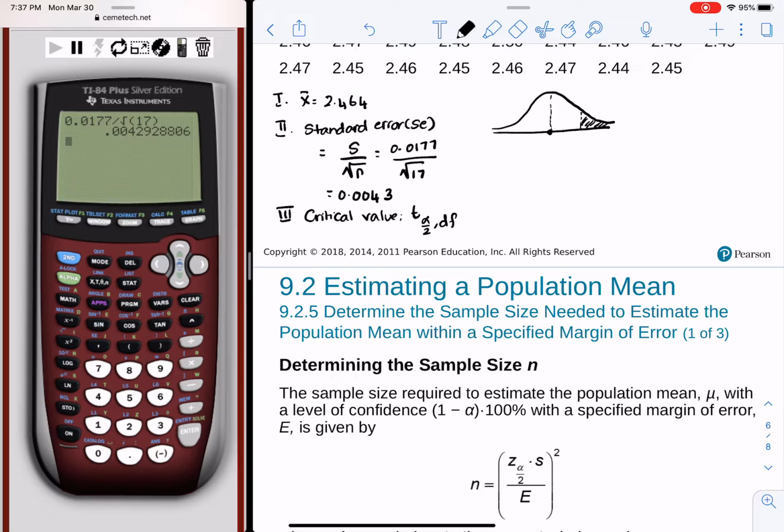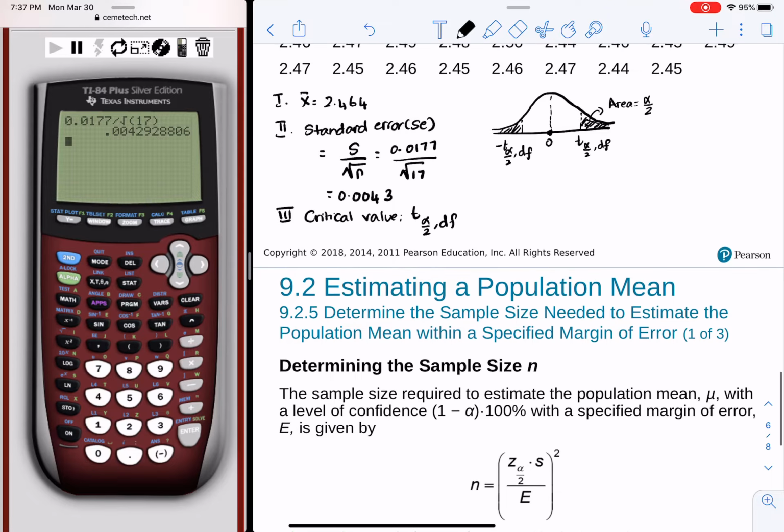The area above the t-value here is alpha over 2. In a similar manner, since 0 is in the middle, the other t-value here would be negative t sub alpha over 2, df.